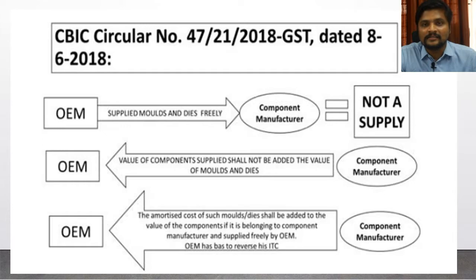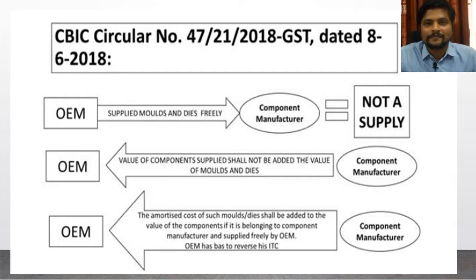In that case, the above stated provisions, or the clarification provided by the circular, will not apply. What the circular says is, if the molds and dies are the responsibility of the component manufacturer, then that value is considered as supply, and it has to be added to the value charged by the component manufacturer.